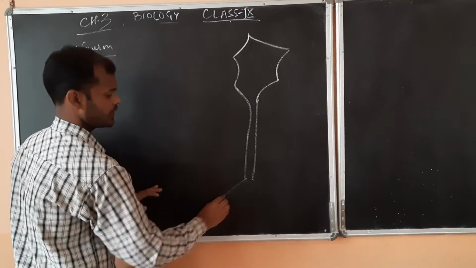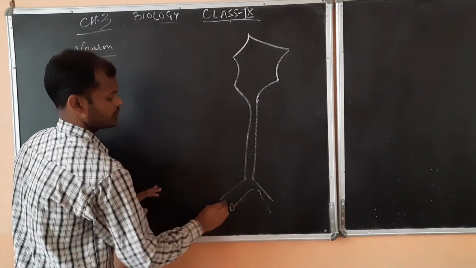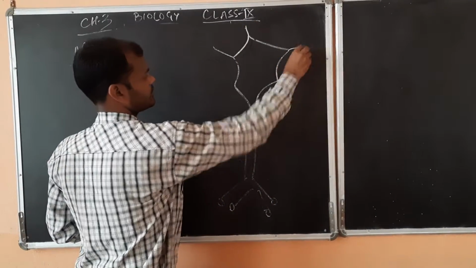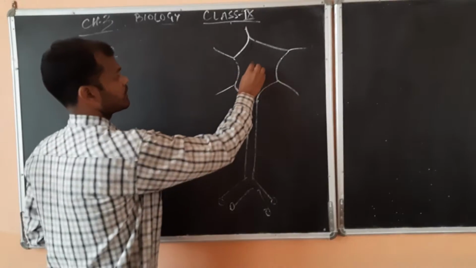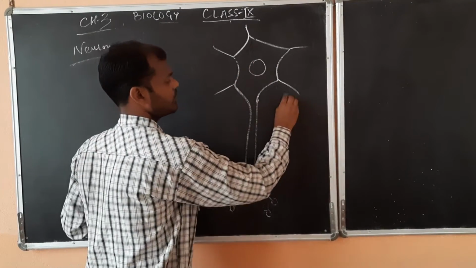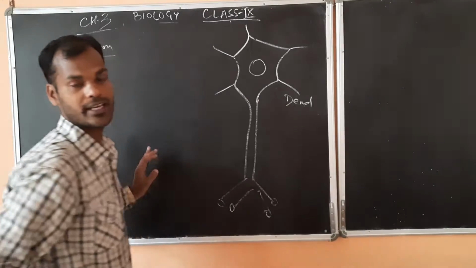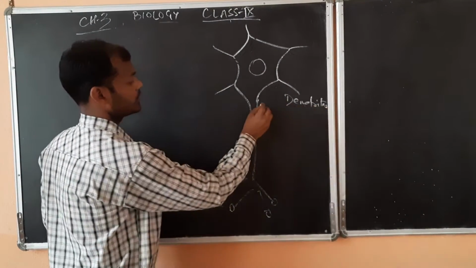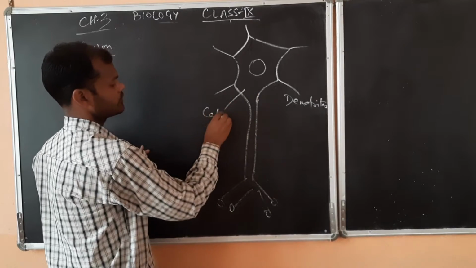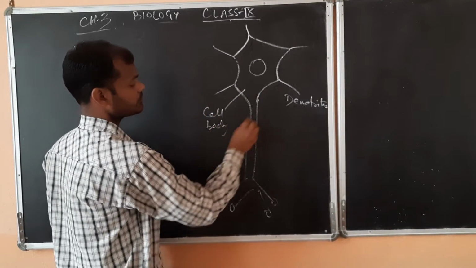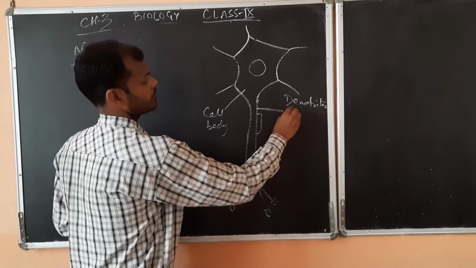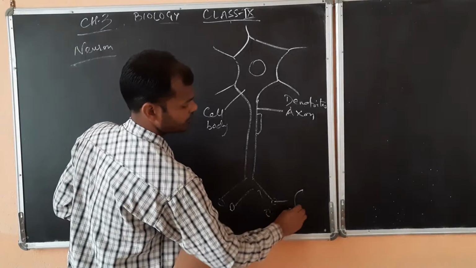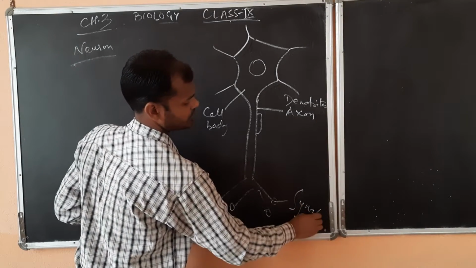Okay, you see here, this is the structure of a neuron, where all these elongations are known as dendrites. This one is your cell body, this is your axon. Here you will have the synapse.